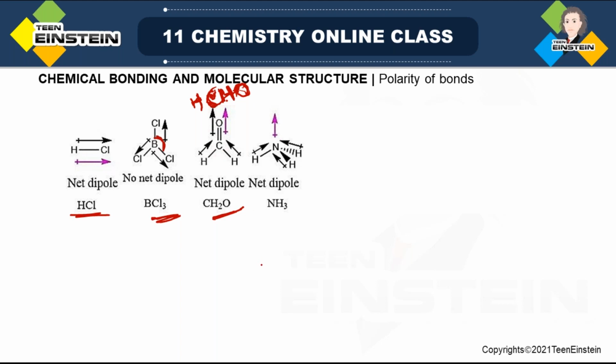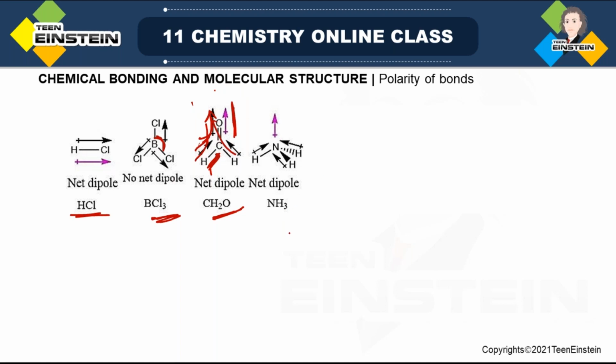Now if you consider the directions, the first direction for this CH bond is like this. Then another CH bond is also towards the upper side, and the C double bond is already there. So if you consider the overall effect of all these dipole moments, it is shown by this pink arrow. So here you can expect a net dipole moment to be possible.